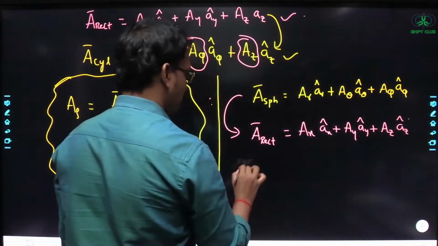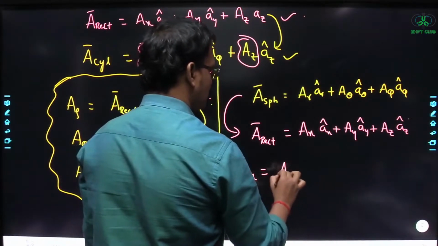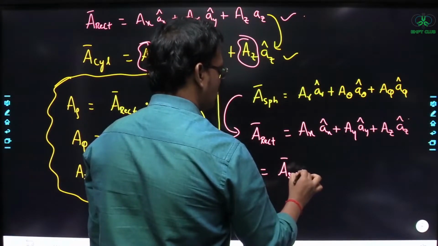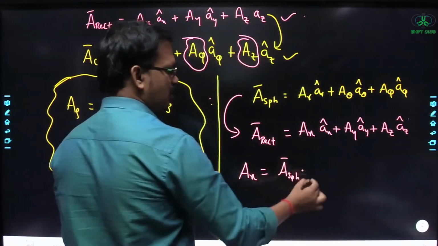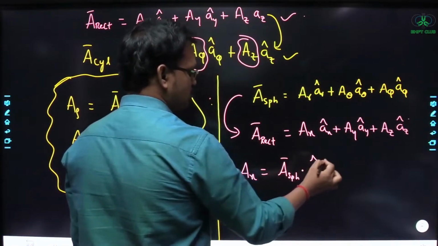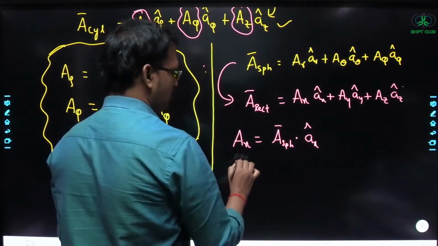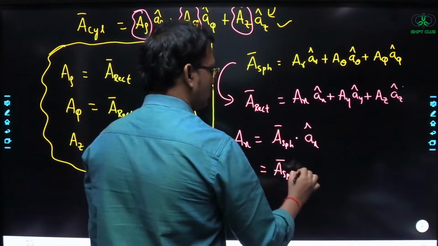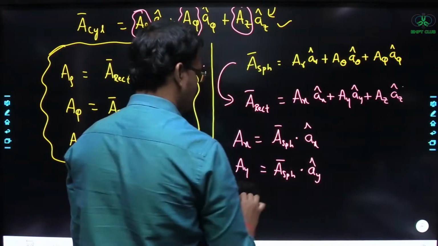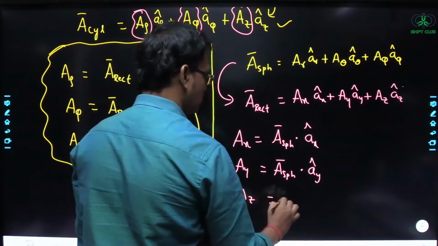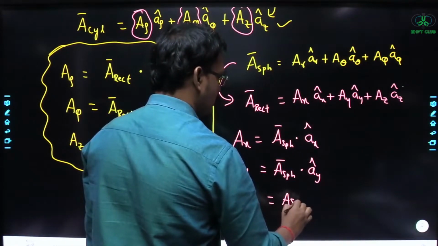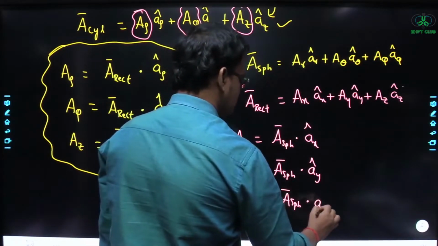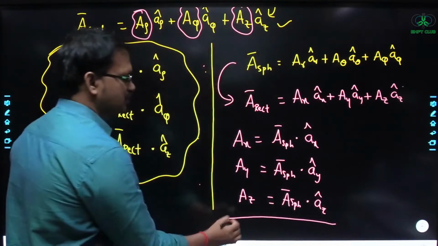Here ax is equal to A spherical dot ax cap, since you have to determine the component along x, so do the dot product with the unit vector along x. ay is equal to A spherical dot ay cap. And az is equal to A spherical dot az cap. This is going to give you the z component.